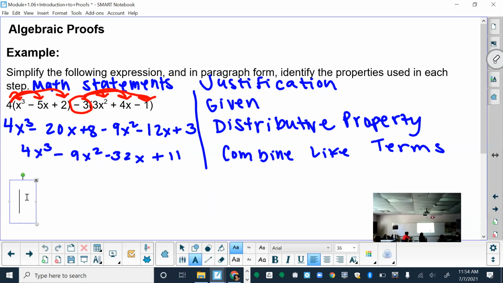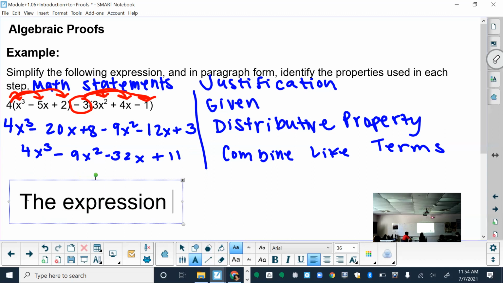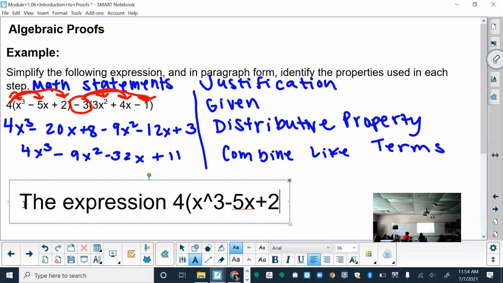So I would say the expression 4 parentheses x cubed, blah, blah, blah. Right, I would type in or write out the expression that I was given. All right, just like that.